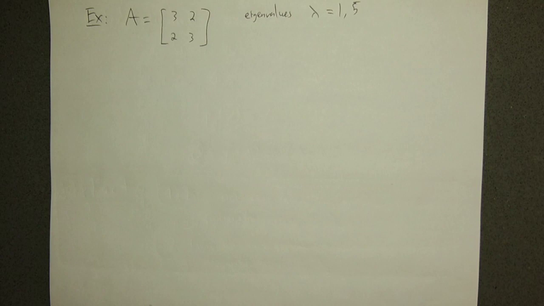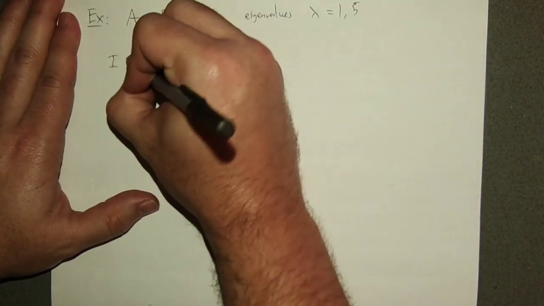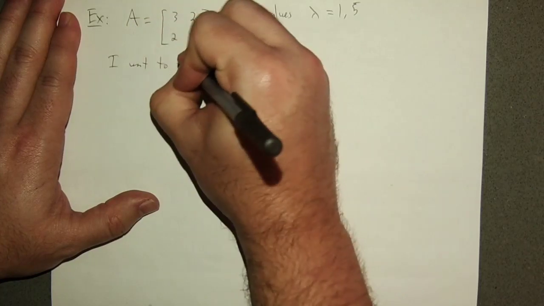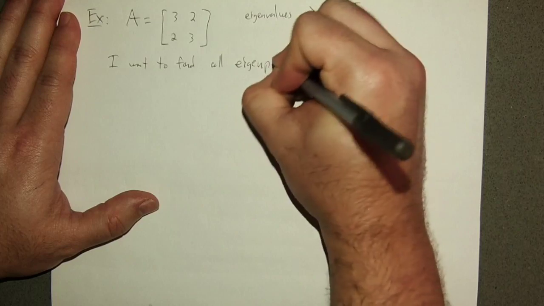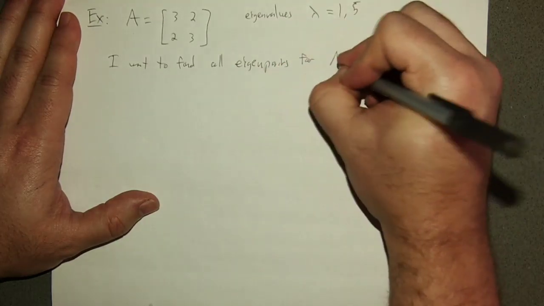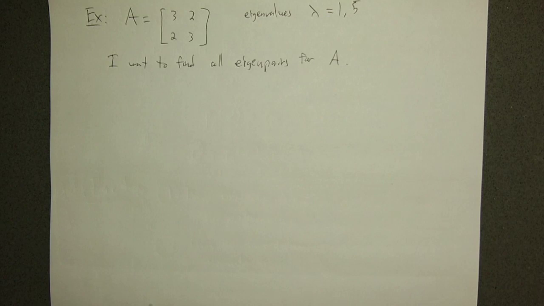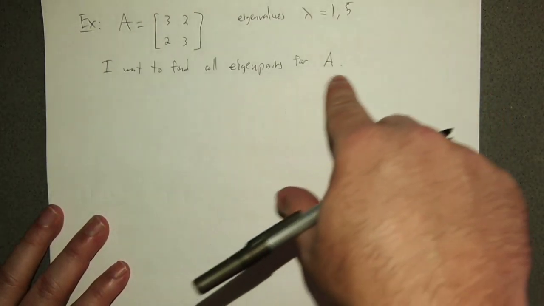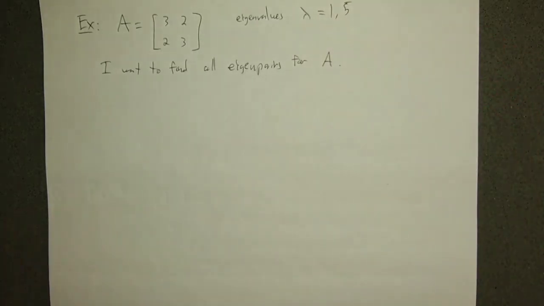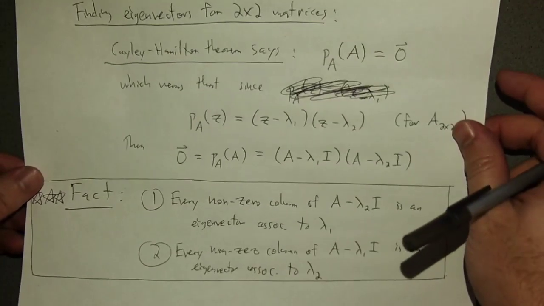So now I want to find eigenpairs. I want to find all eigenpairs for A. So I want to find an eigenpair associated to the eigenvalue 1 and an eigenpair associated to the eigenvalue 5.